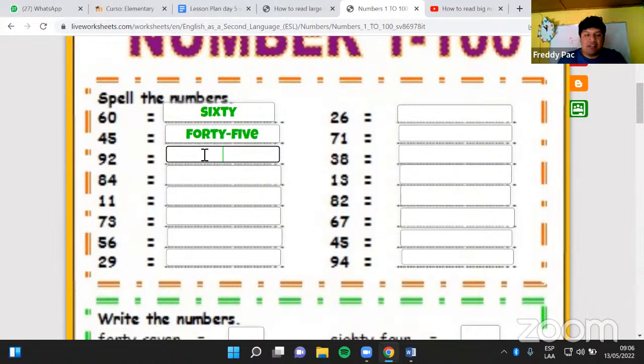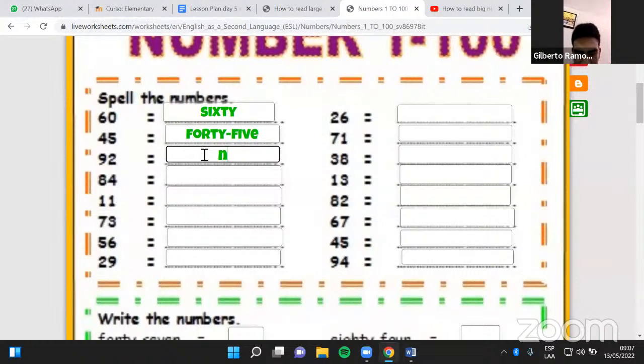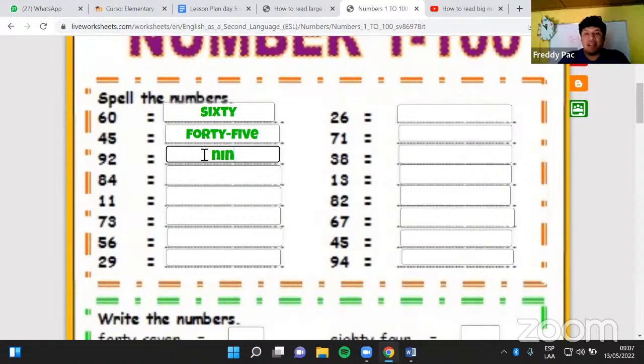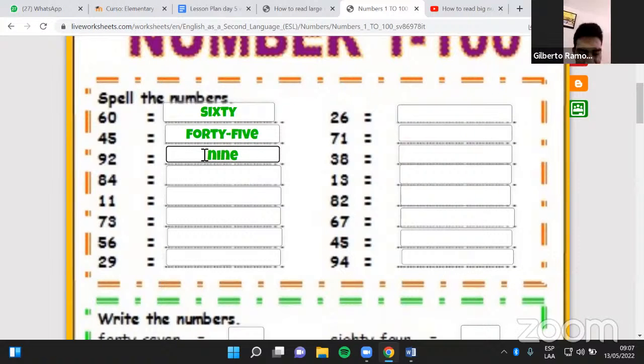So what about this? What is the spelling of 90? How do you spell it? N for November, I for India, N for November, E for Echo, T for Tango, Y for Yankee.